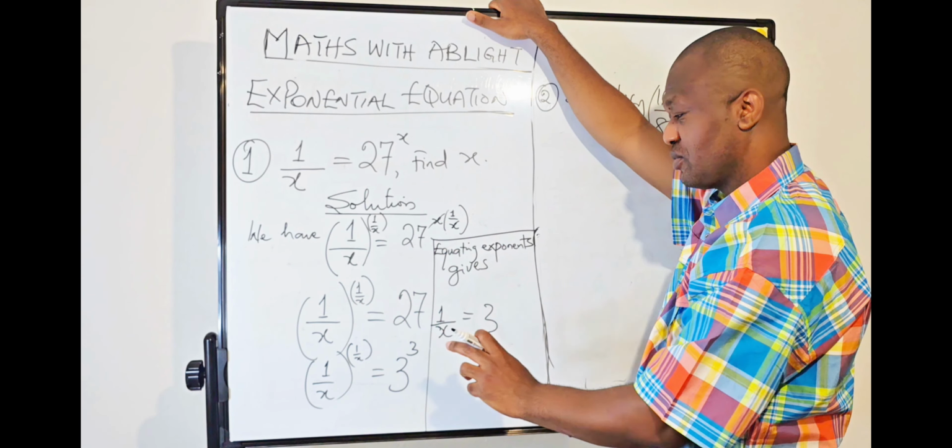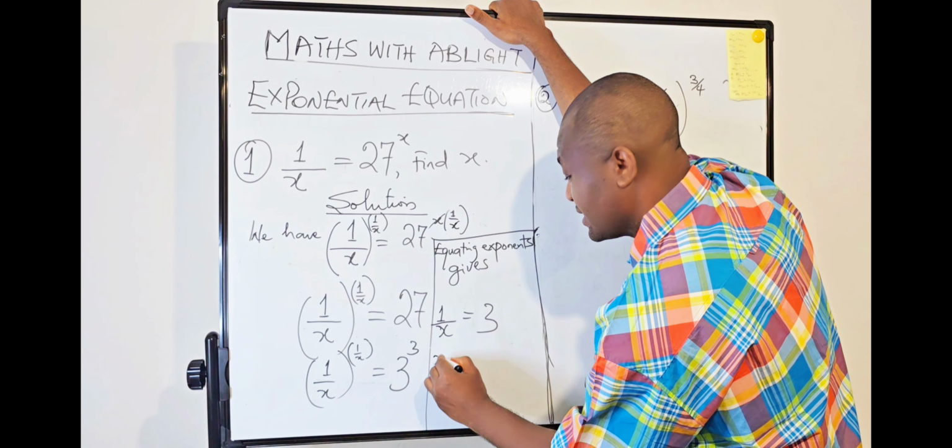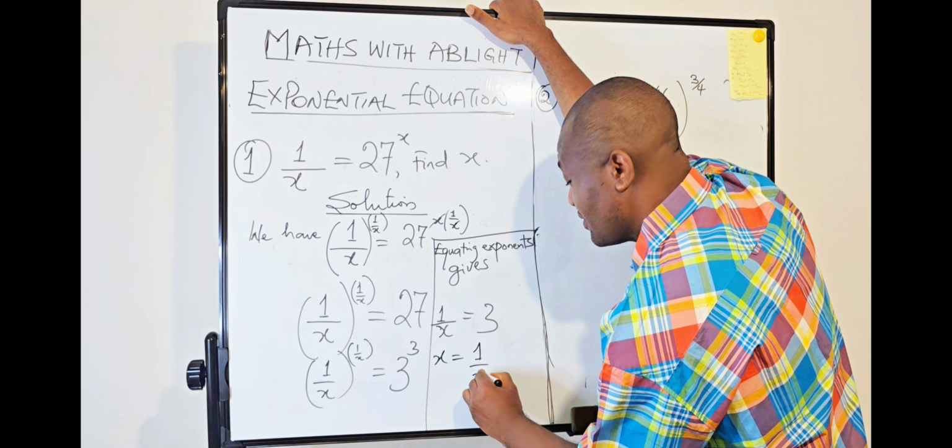They have similar shapes, so because of that you take out only the powers to equate, and that means that x is equal to 1 over 3.